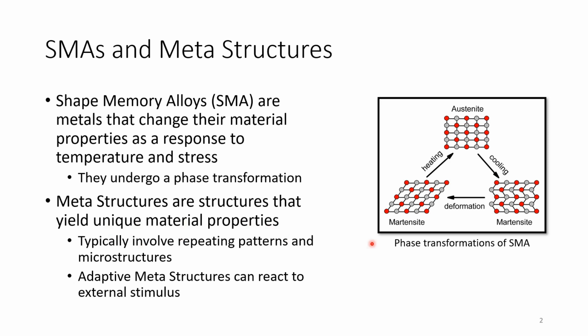For example, if you had a material that got harder the more load you put on it, that would be an adaptive structure, right? It's reacting uniquely to that external stimulus. The way that interacts with shape memory alloys also makes a lot of sense, that as it transforms, it changes its properties adaptively to its environment.